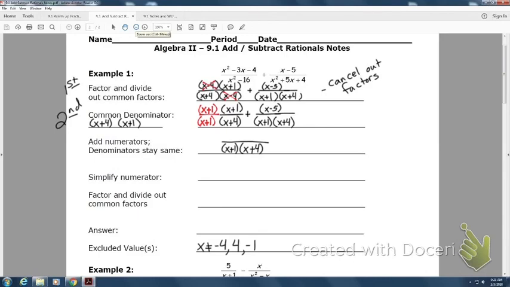And then on the top, which will be a pretty long numerator, I'm going to have x plus 1 times x plus 1 plus, okay, do not forget that, x minus 5.